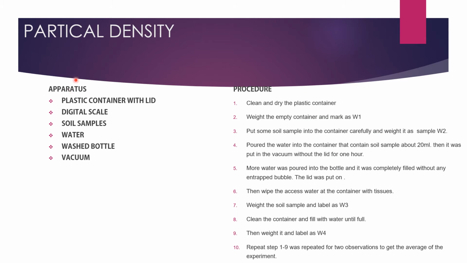Next, I continue to the particle density test. To conduct the experiment, we need apparatus like a plastic container with lid, digital scale, soil sample, water, wash bottle, and vacuum.